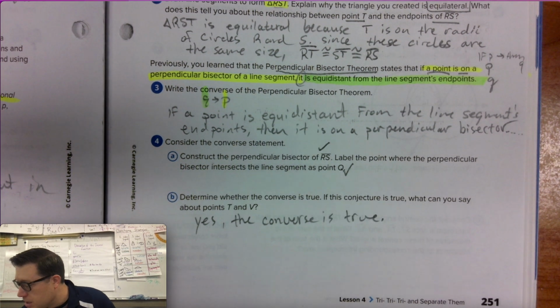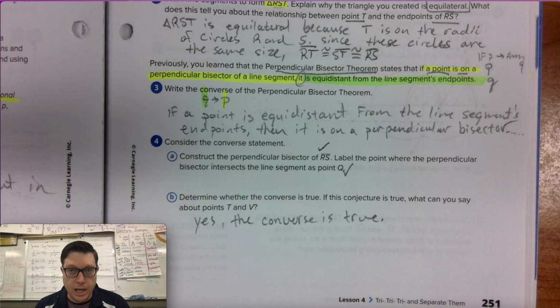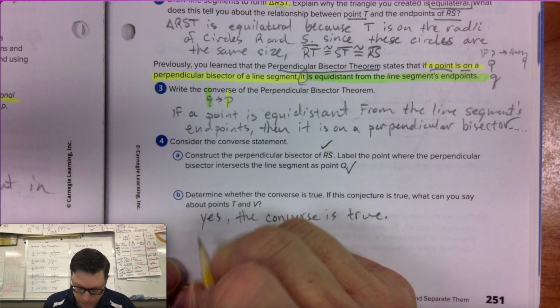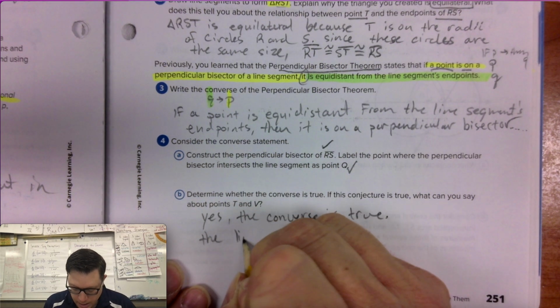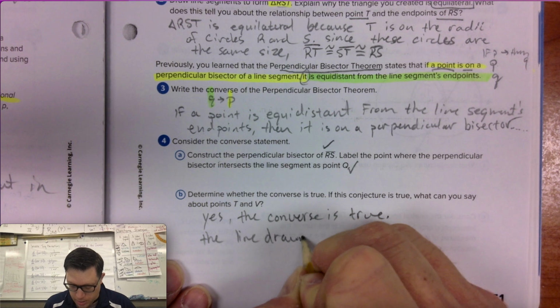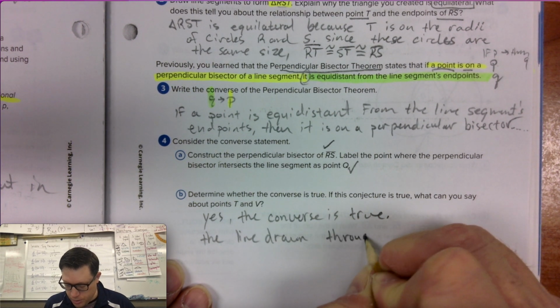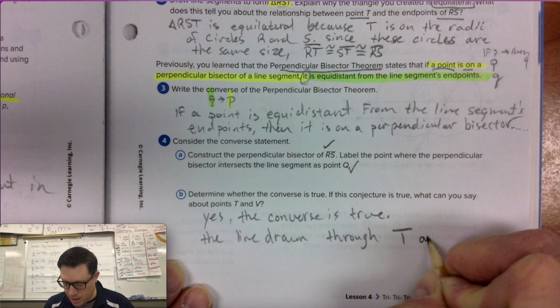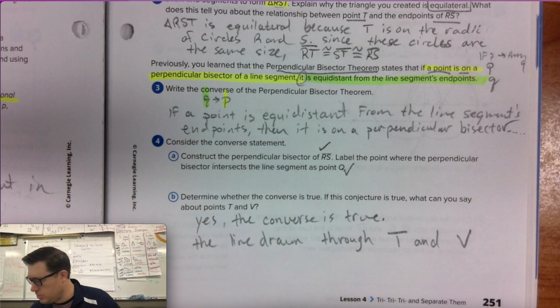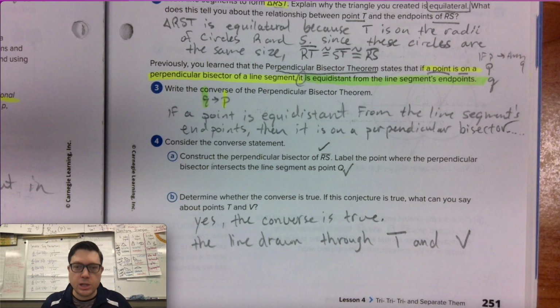Now, what that means is that you can draw a line through points T and V, and the line drawn through T and V creates the perpendicular bisector.